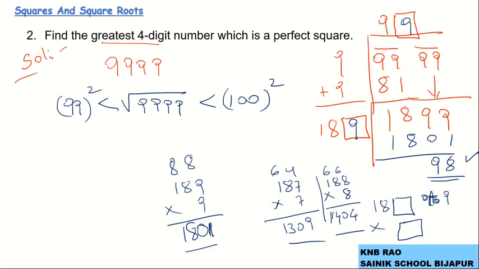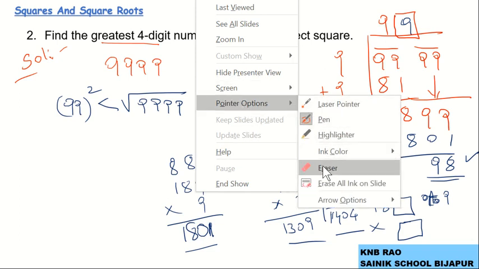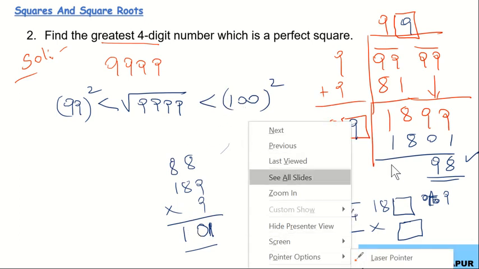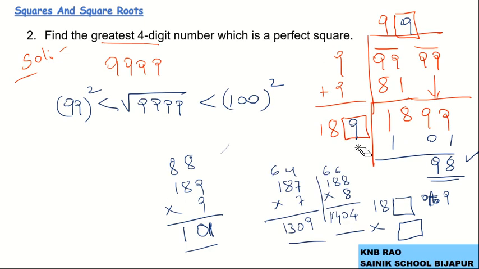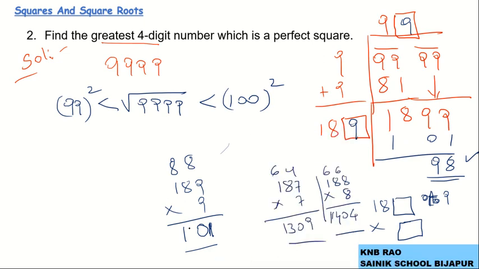Students, here I went wrong. Multiplying 189 by 9, 9 1s are 9 plus 8 is 17. So here I went wrong. Let me take out here. So it is 1701. 1701 gives 198.